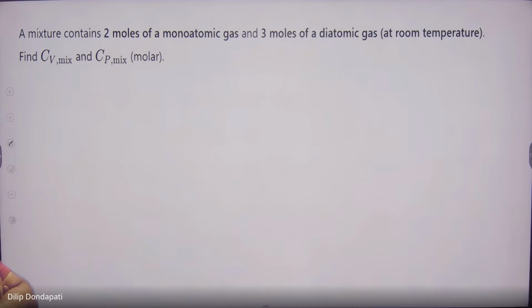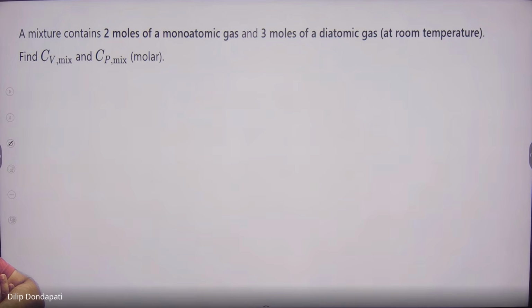Say it in fraction form. 31/10. Wrong. Find CV1 and CV2 first. CV1, how much did you get? I got CV as 21/10.